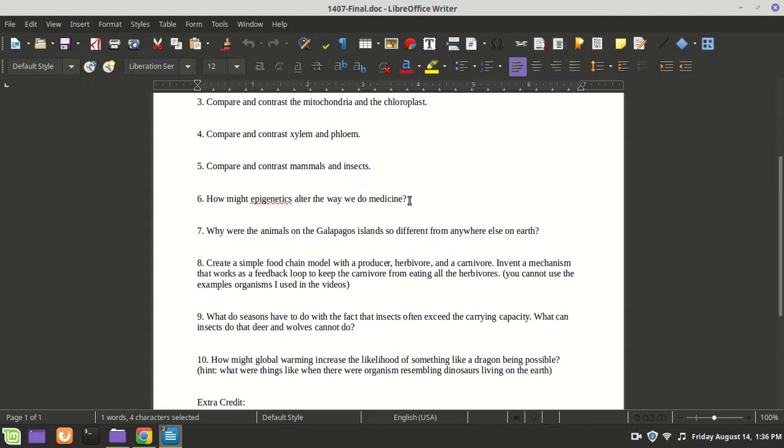So think about medicine, and think about what the doctor might tell you if you were to go in. For instance, think about smoking. Smoking absolutely alters these things. So what might a doctor ask you now when you go in?